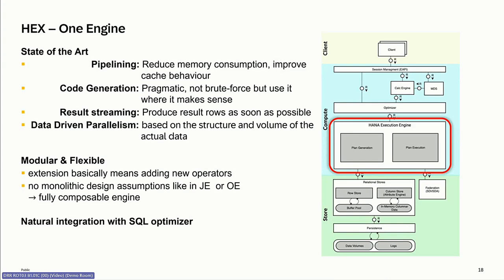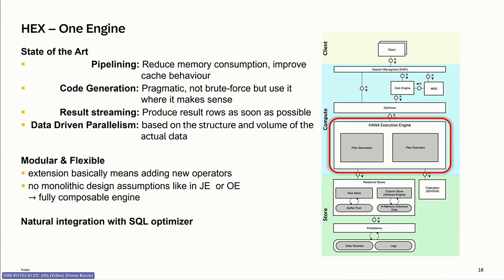So we use pipelining, which is known to reduce memory consumption, in contrast to the materialization model. We produce a continuous data flow to improve the cache behavior and reduce the memory bandwidth. What we try to do is keep data as close as possible to the processor core, where data can actually be processed, meaning preferably in cache.